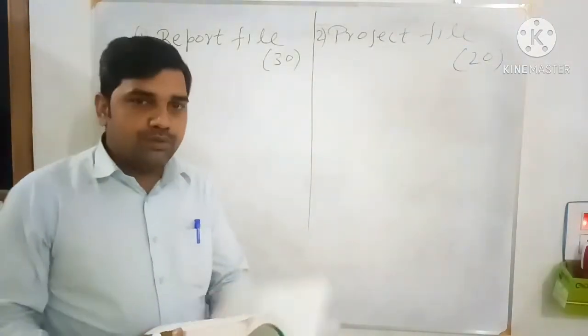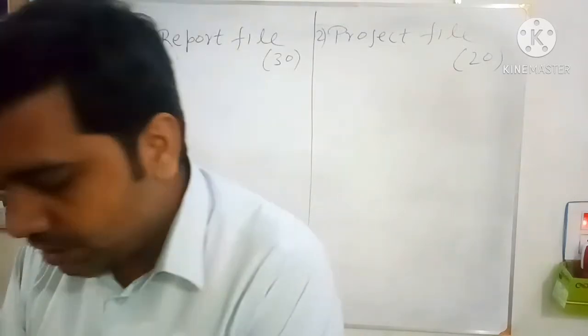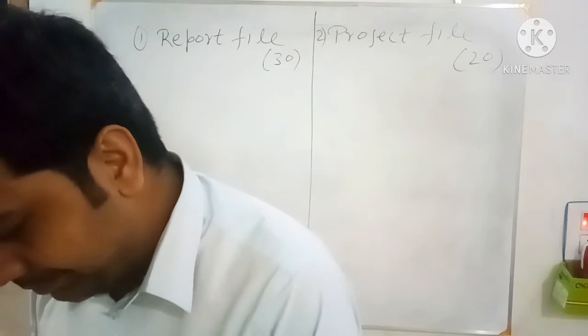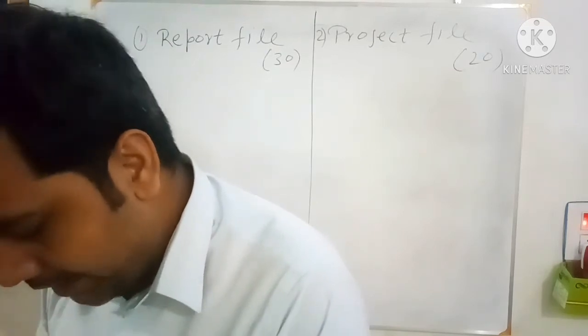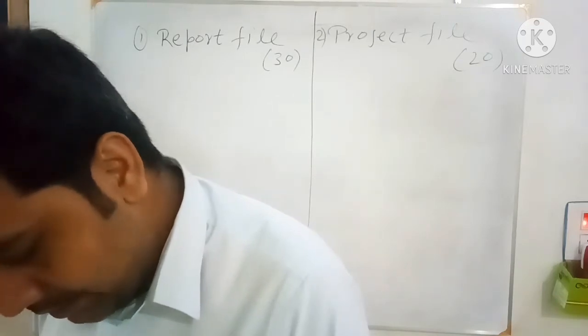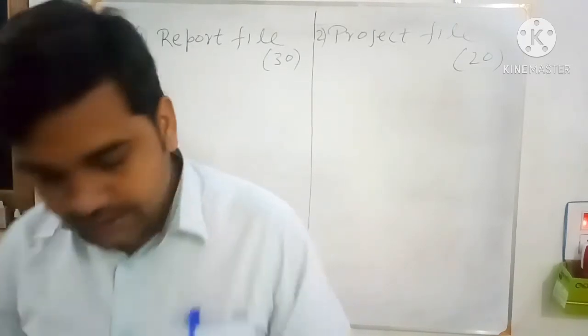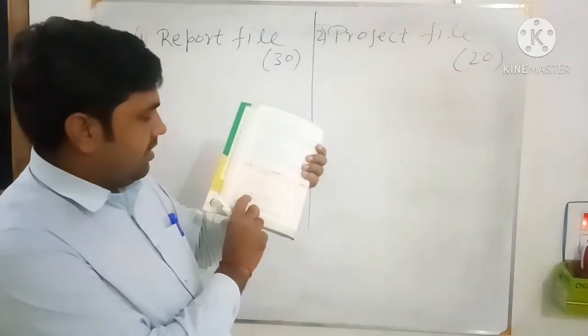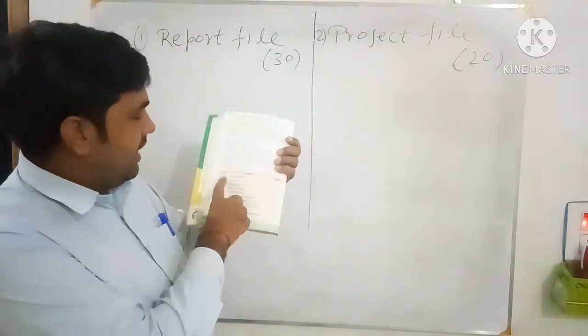Now see what you have to do in this report file. If you open your book, page number 8, you can see in the second, report file, lab test 30 marks.